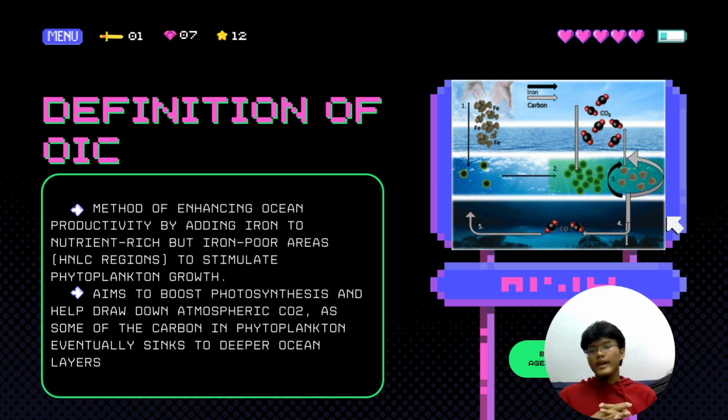Therefore, we add iron to nutrient-rich areas with low chlorophyll to stimulate phytoplankton growth. We aim to boost the photosynthesis rate and help draw down atmospheric carbon dioxide, as some of the carbon in phytoplankton eventually sinks to deeper ocean layers.